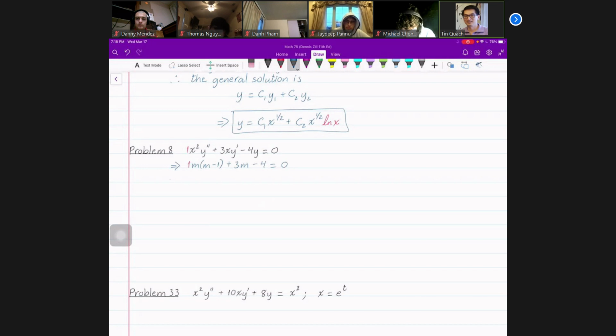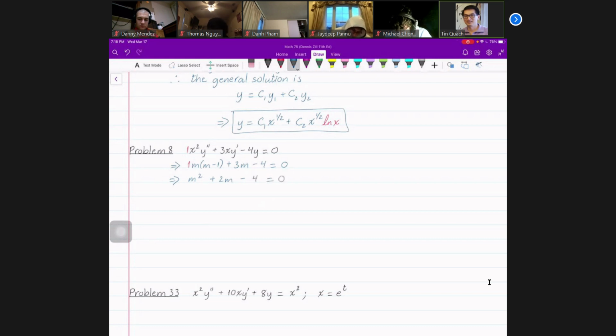All right, and then let's multiply out. When you multiply out, let me skip one step, because m times -1 is -m, plus 3m is 2m. So that's m squared plus 2m minus 4.